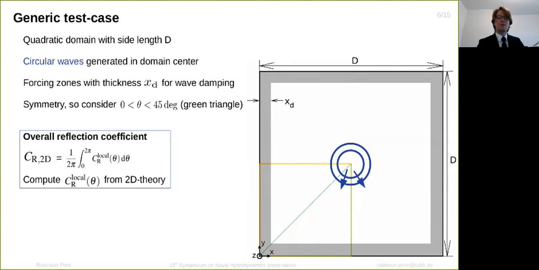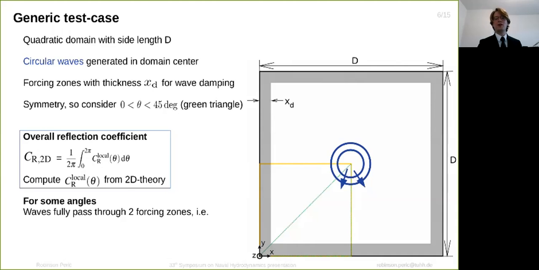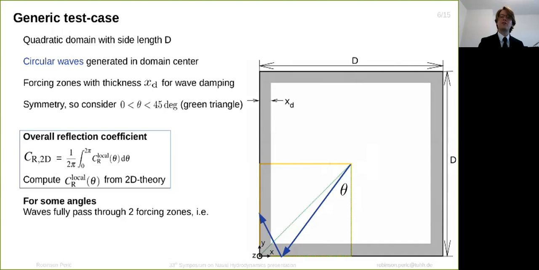One has to take, and this can be computed from 2D theory as we've seen before, but you have to take into account that for some angles, the waves will pass through two forcing zones. That is, for example, here, the wave enters the first forcing zone, passes fully through it, is partially absorbed and partially reflected, then enters a second forcing zone, is again absorbed partially, and then partially reflected before it leaves the yellow square.